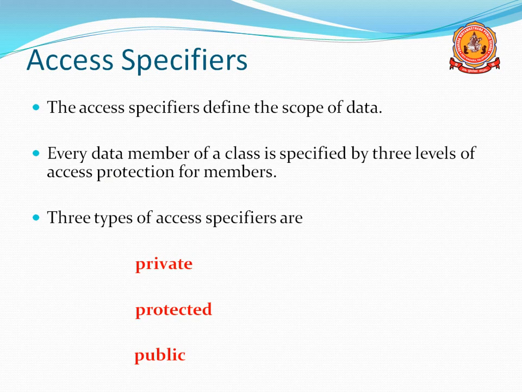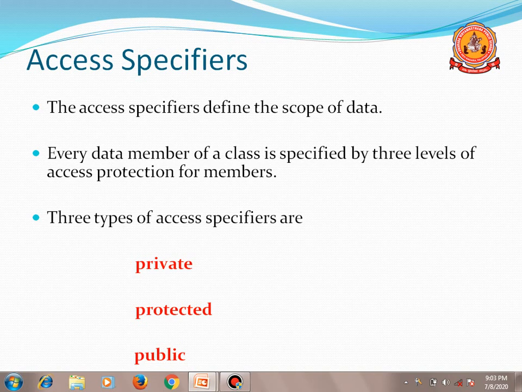In this session we are mainly focusing on access specifiers. The access specifier defines the scope of the data. Inside the class we can declare data members and member functions, and the access specifier will define the scope of the data.